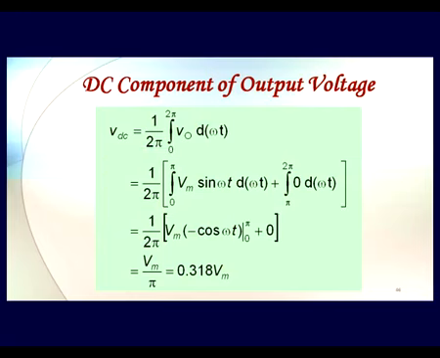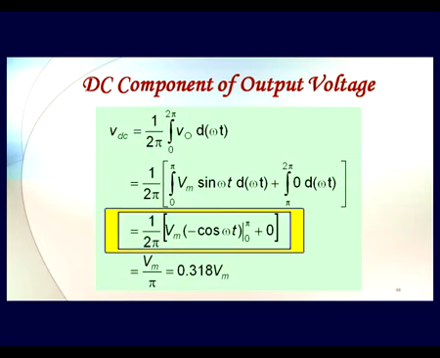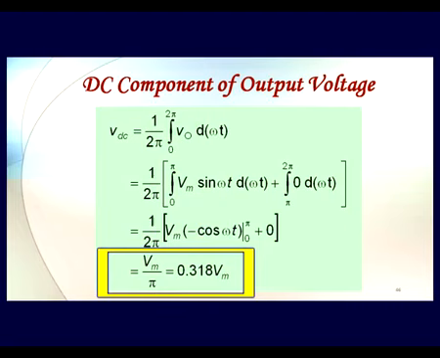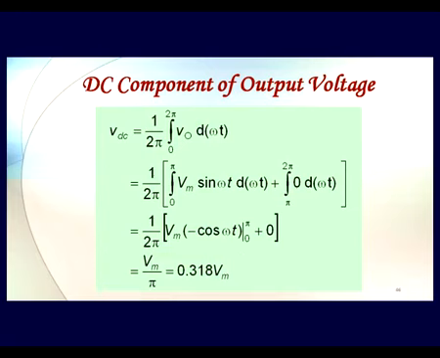Integrating, I get minus cos omega t in the range from 0 to pi, and substituting the limits, I get 1 upon 2 pi into Vm into 2, so that is Vm by pi, or 0.318 of the peak input voltage Vm. So 0.318 Vm is the DC component of the half wave rectifier.